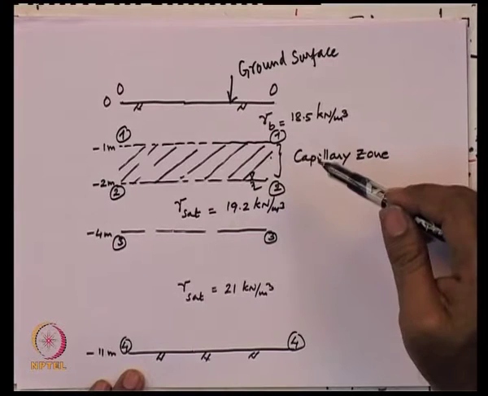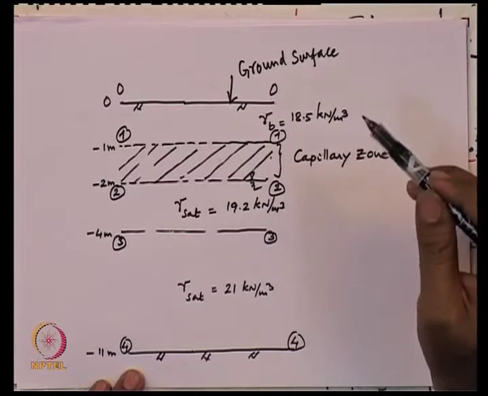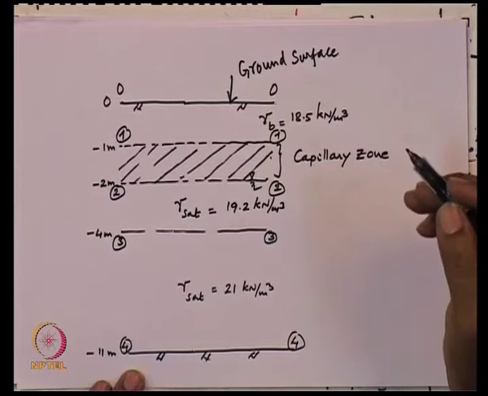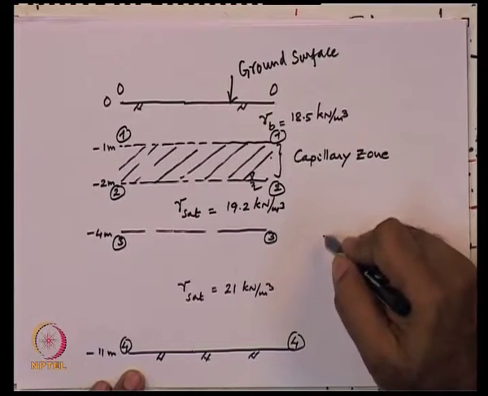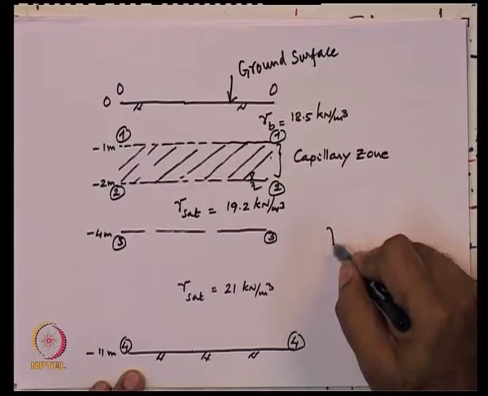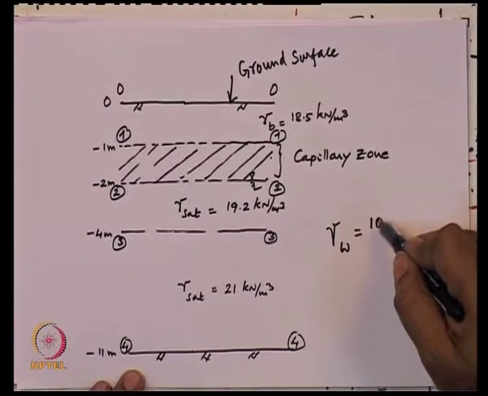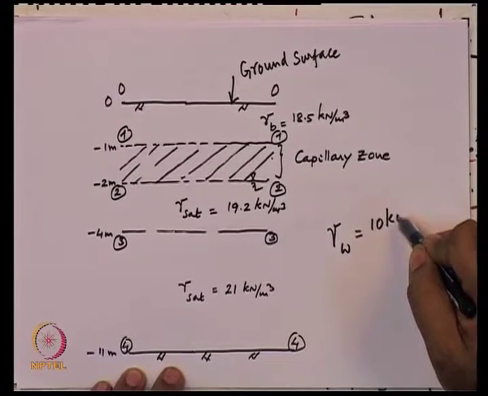If we want to get the total stress, pore water pressure and effective stress diagrams, in this example we have taken gamma W, the unit weight of water, as 10 kilonewton per meter cube.